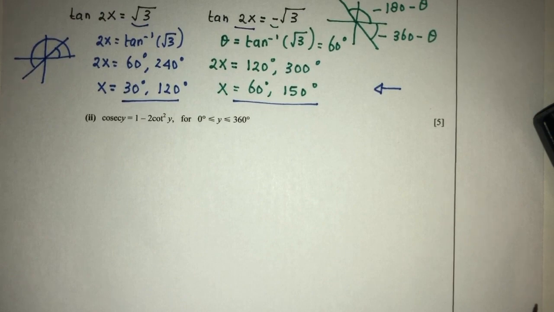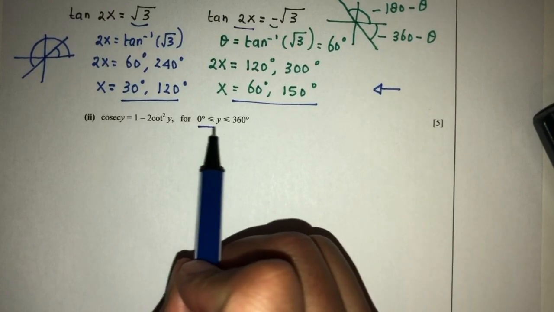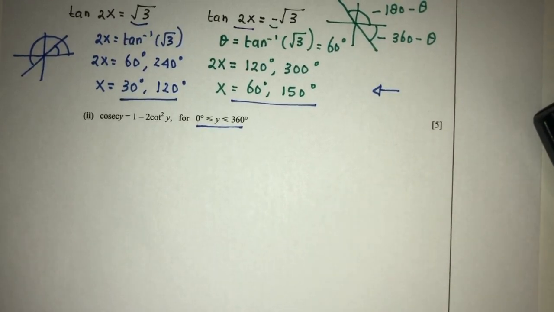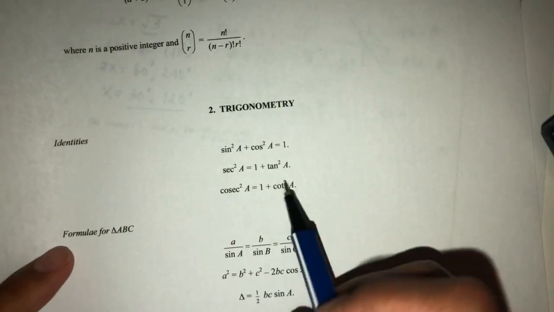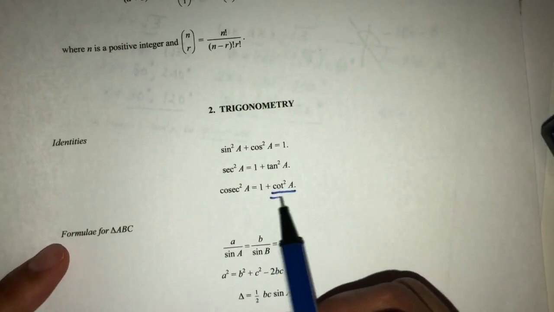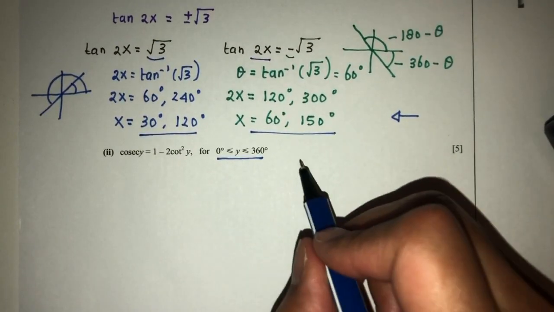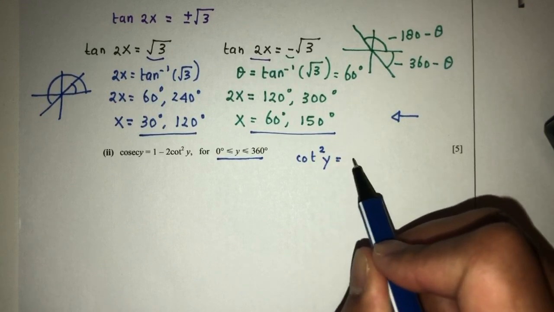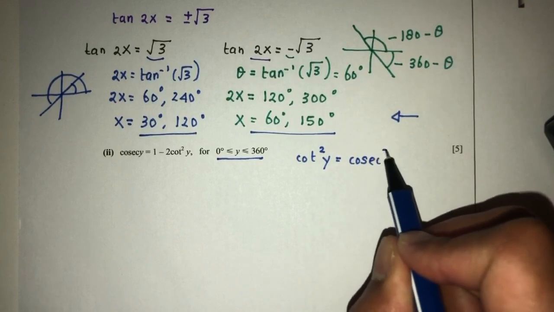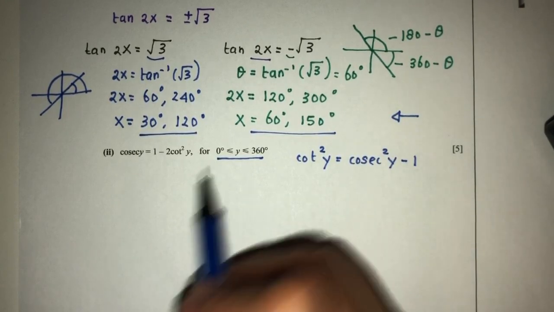Now for part 2, we have cosec y equal to 1 minus 2 cot square y for this domain. Now go back to your list to see what you can use to solve this one. Here we have something that we can use. If you observe, we have seen that cot square y is equal to cosec square y minus 1. Replace back in your equation.